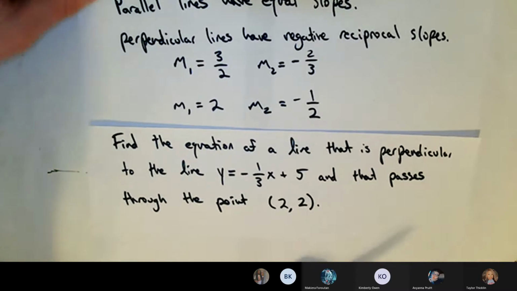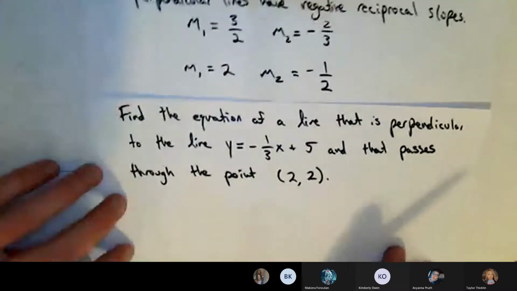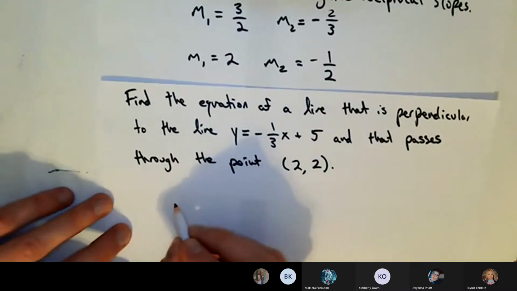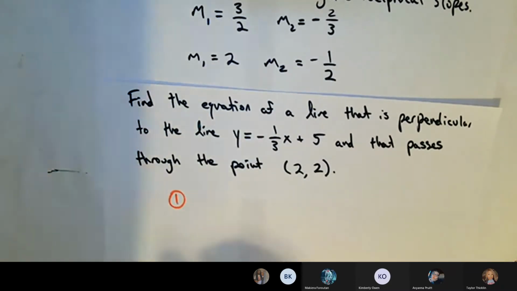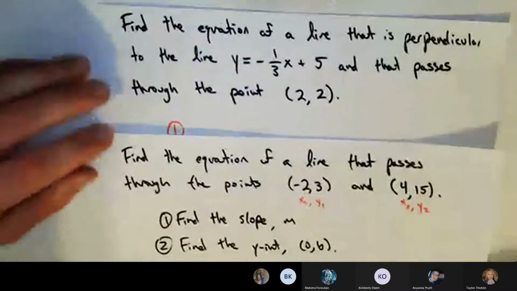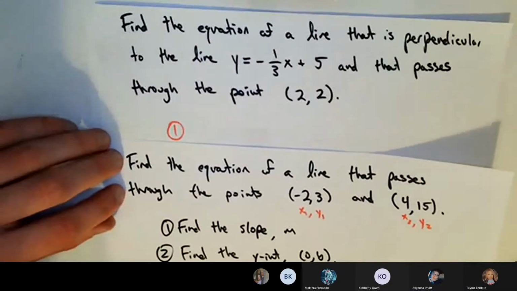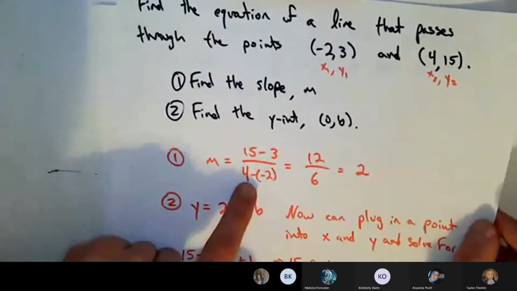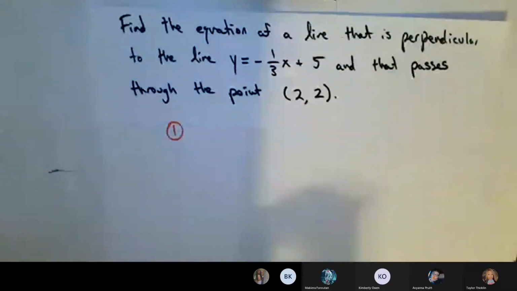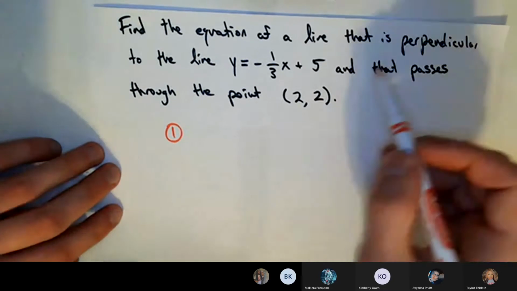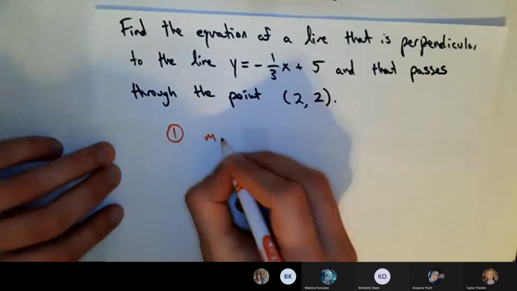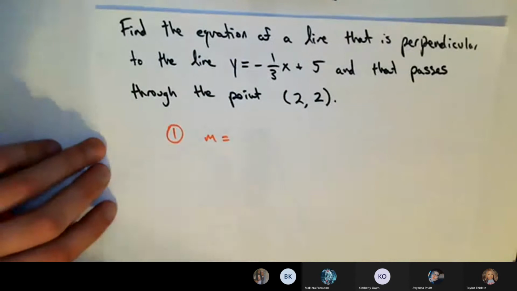All right, anytime you're wanting to build the equation of a line, step 1 is going to be to find the slope. Now, last time, given 2 points, we found the slope by plugging into the formula. Not going to be the case here. Here, we're going to use this fact about perpendicular lines. So can anyone tell me what is the slope of our line?